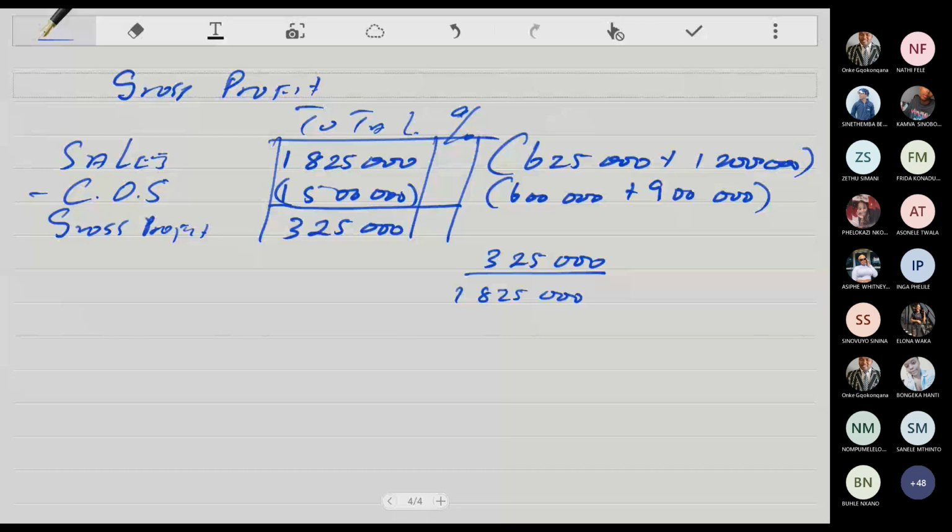Then you can say times 100 to arrive at your full percentage. So our constant gross profit percentage is what percentage?